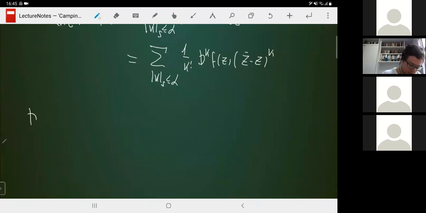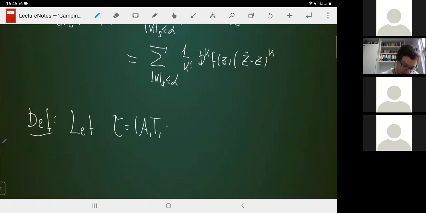Definition. Let (T, A, G) be a regularity structure.